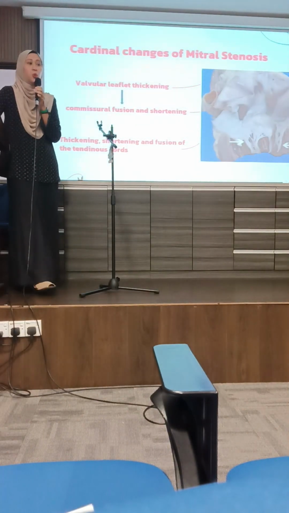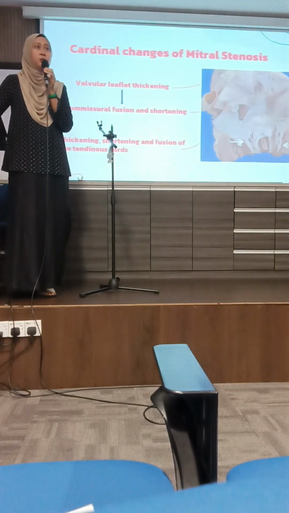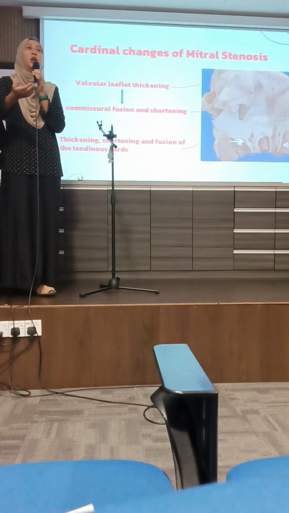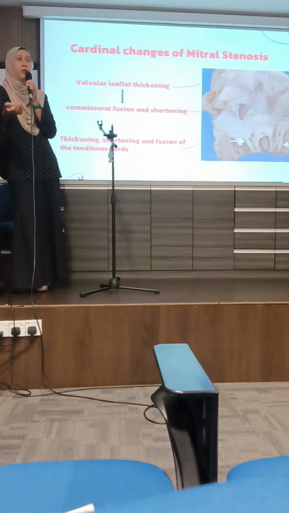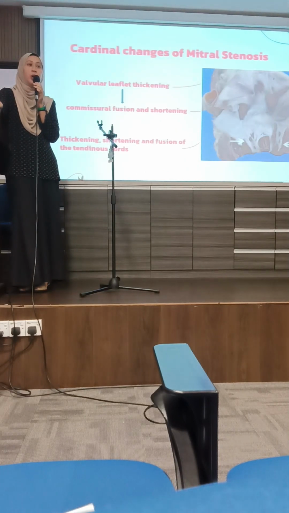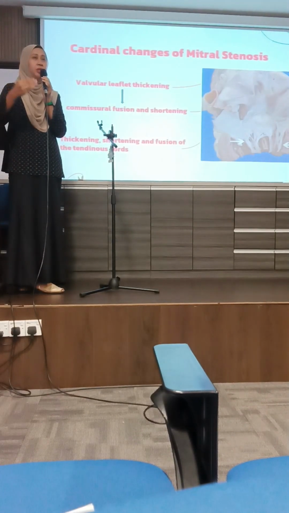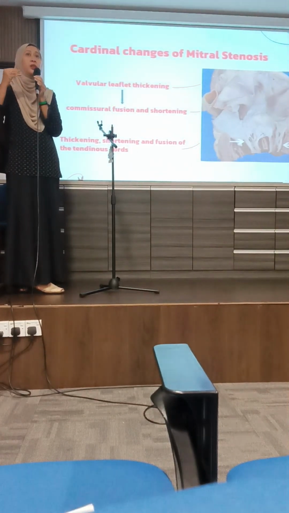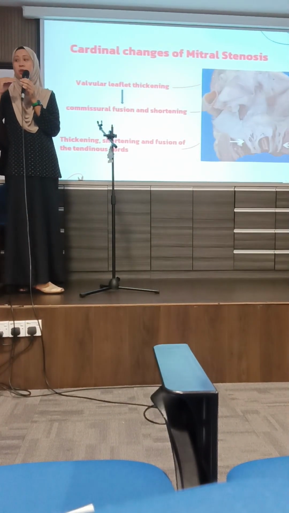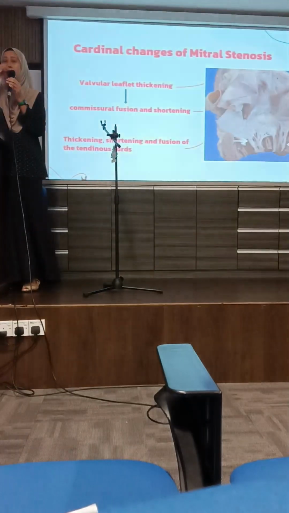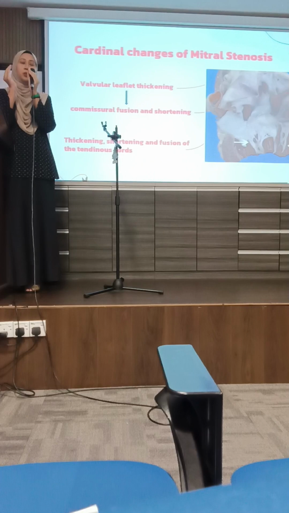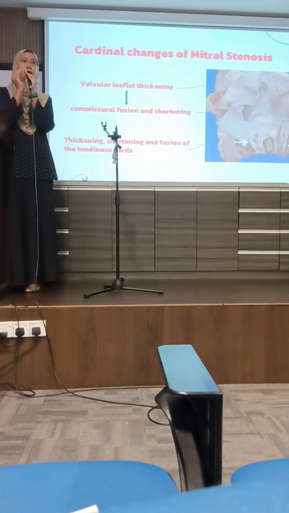Okay, so what are the cardinal changes of mitral stenosis? Like I said, the valve that is commonly affected is your mitral valve. And what happens is, because of the repeated fibrosis, they will cause valvular thickening. The valves become very thick and it causes a fusion, commissural fusion. Commissural means basically when things come together.